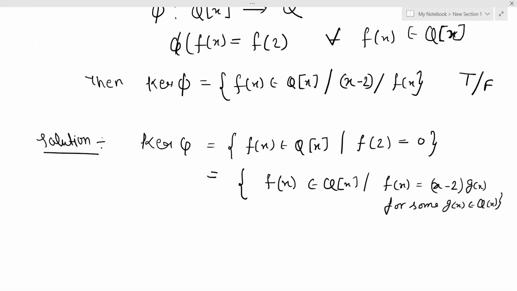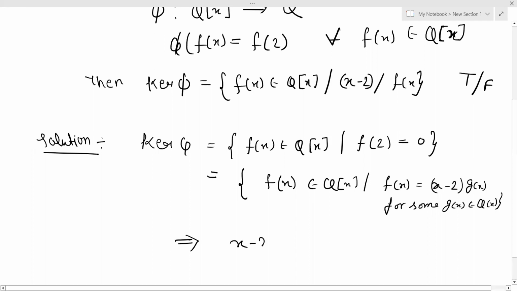This means x minus 2 divides f(x). So this statement is true.